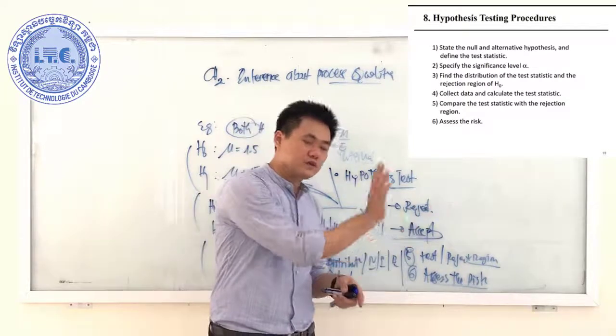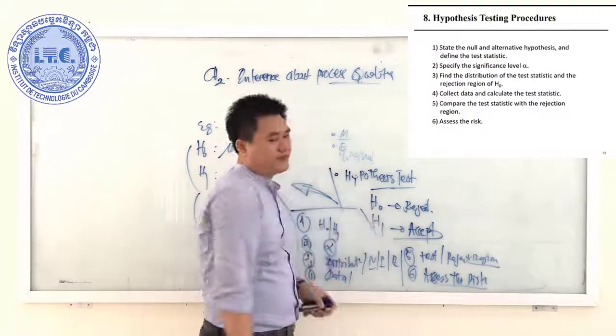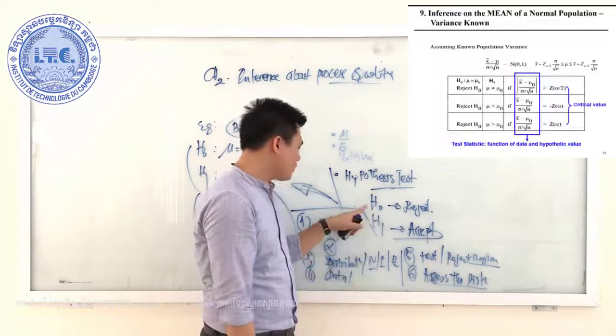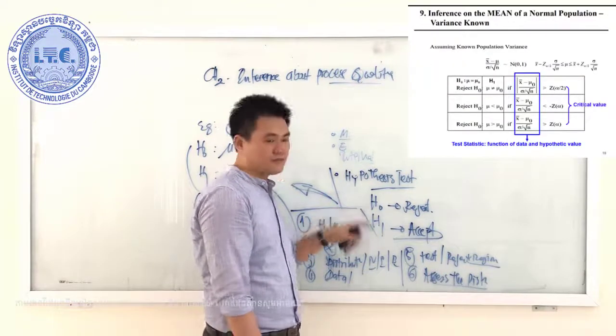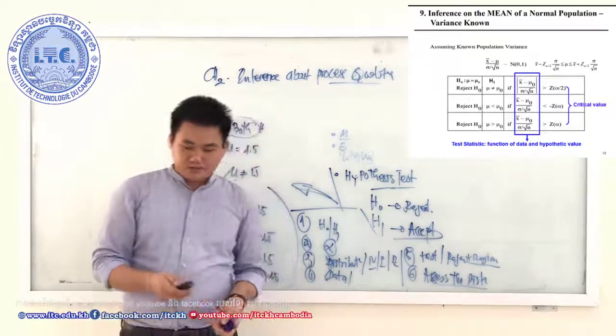If no, this one no, must be this one yes. We cannot say no and no. One no, one yes. This must be the same. Okay. So we continue.